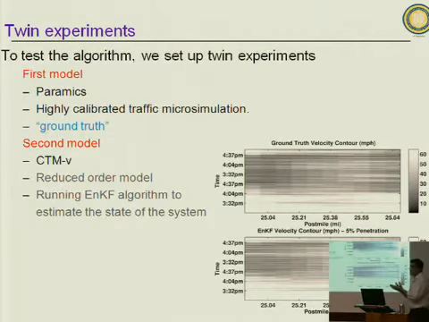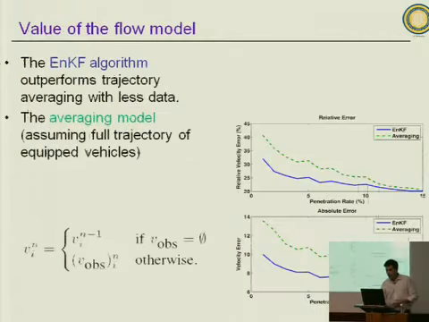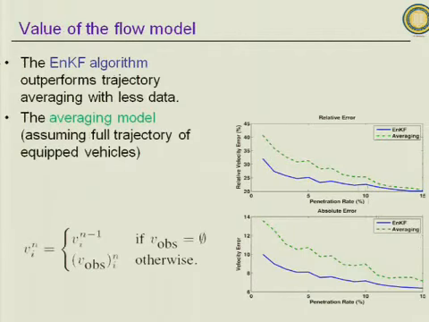But the first step, before even trying it on the highway, is to just try it in a model where we exactly know the state of the whole system, so that we can really compare the estimate to something we fully know. And based on this, you can run a lot of studies which, for example, can assess the influence of the penetration rate of the sensors on your system.